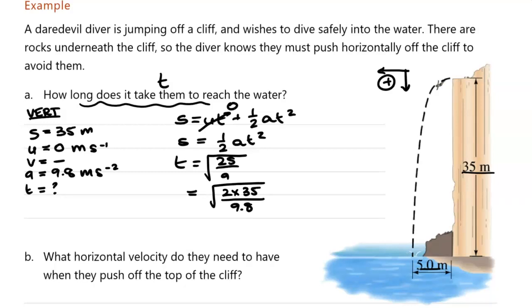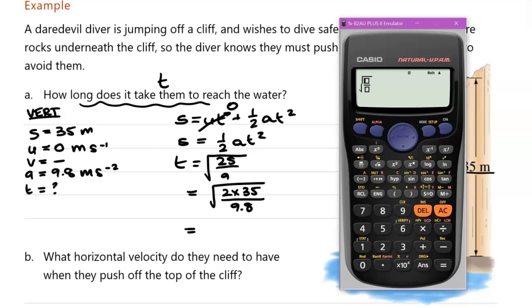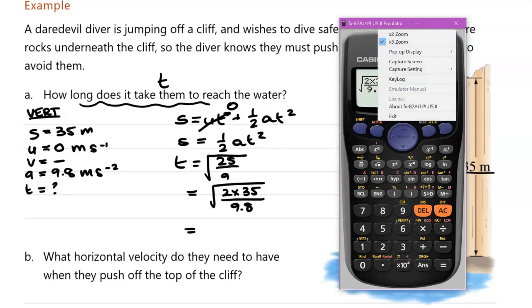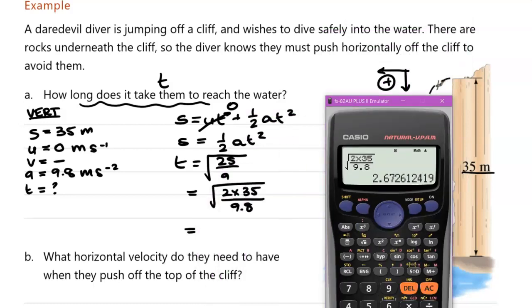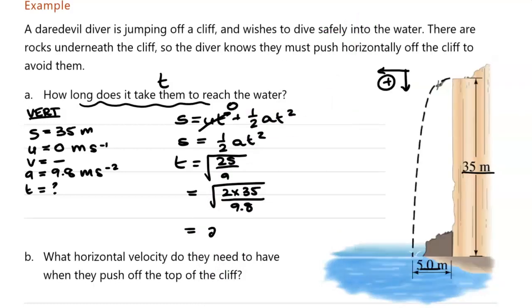Notice if you'd said upwards was positive, you would have had 2 times negative 35 divided by negative 9.8, and you get the same result as I'll get. So we have 2 times 35 on 9.8. Okay, so we get what would be appropriate sig fig wise. 2 would work, so let's do 2.7 seconds.